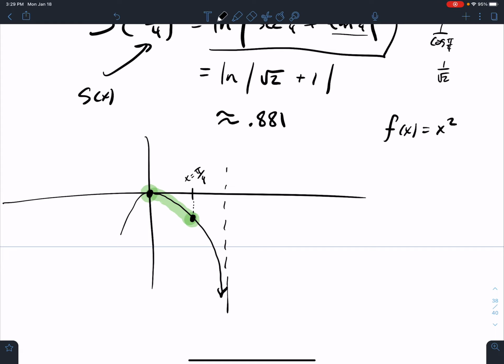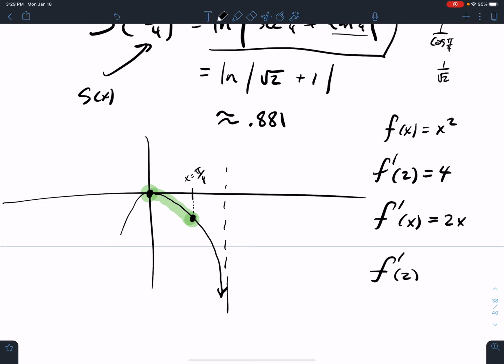It would be like, instead of finding, okay, f prime of 2 is equal to 4, it would be like saying, I want to find f prime of x, which is 2x, and now all I have to do is plug in 2, and I get 4, okay?